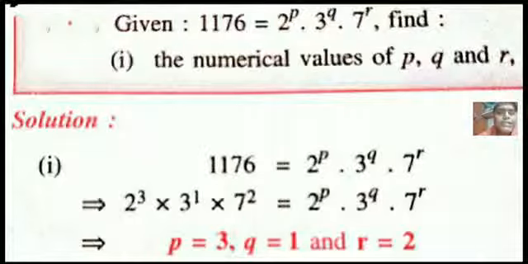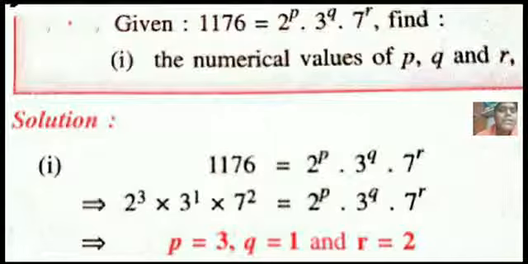So you will be getting 2 to the power 3 into 3 to the power 1 into 7 to the power 2. Now equating with the given values: 1176 is given as 2 to the power p into 3 to the power q into 7 to the power r, and you factorize this, you get 2 to the power 3 into 3 to the power 1 into 7 to the power 2 is equal to 2 to the power p into 3 to the power q into 7 to the power r.